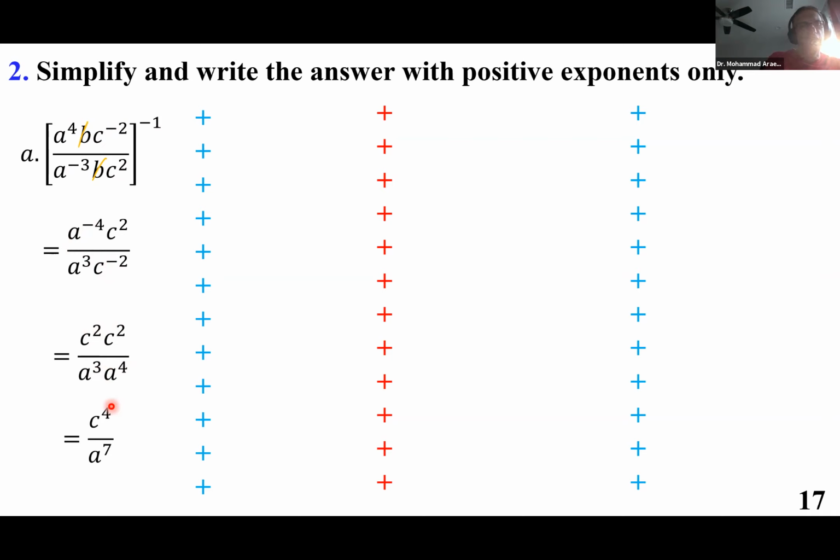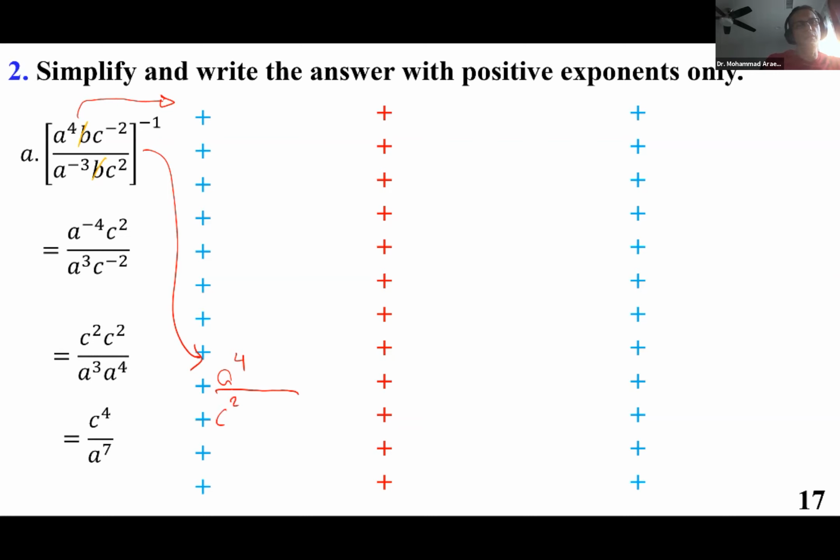Another way of doing that would be to write it as a to the power of 4, you keep it up. C squared, you keep it up.